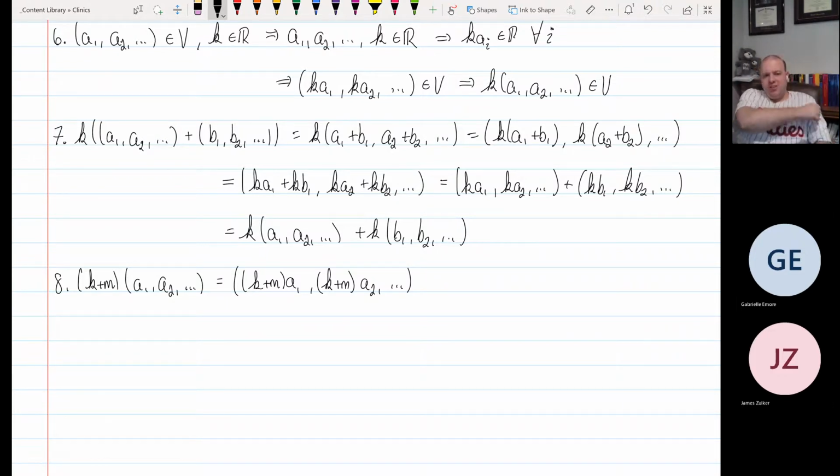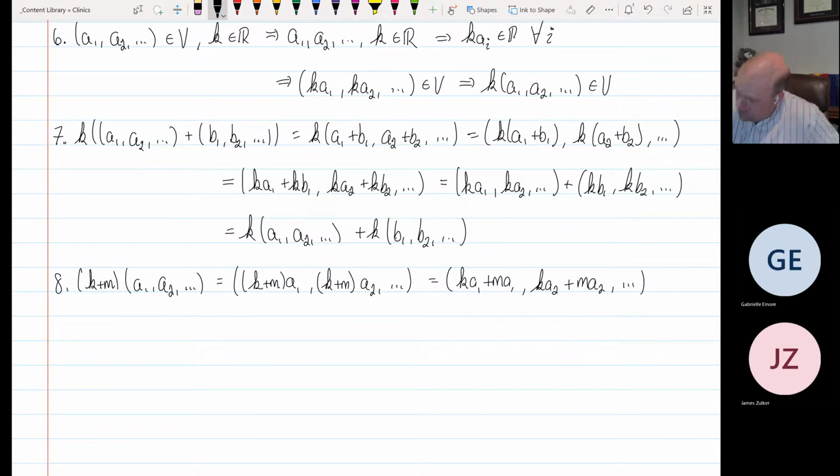Now we're dealing with strictly real numbers, so we can distribute the A's across K plus M, by definition of addition.